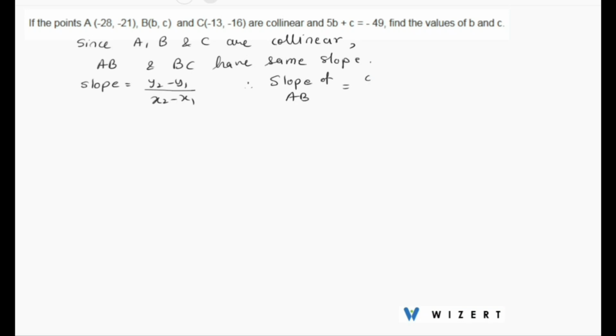So y2 is c minus of minus 21 upon x2 is b minus of minus 28. So slope of AB is (c + 21) upon (b + 28).